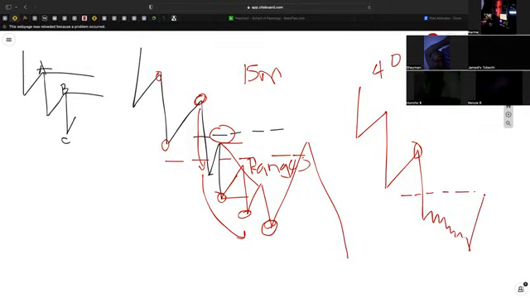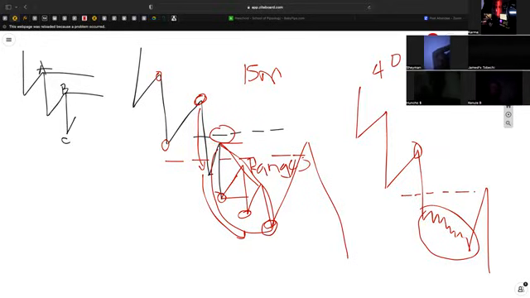So this guy can still sell from here. So everything that happens here is just a range structure. So why are we ignoring all these things? It is because it is as a result of an incomplete pullback. Am I making sense, guys?